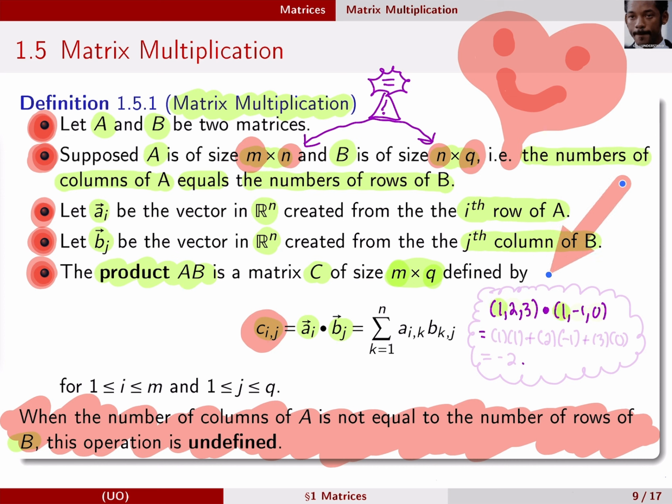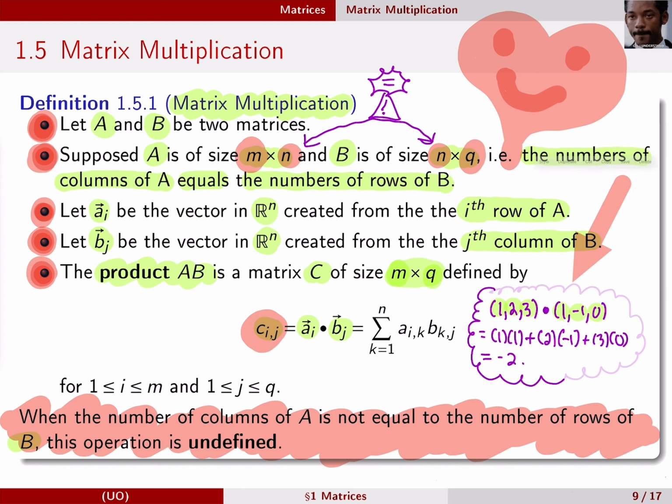So it's 1 times 1. Then you go plus and you multiply the second entry, so 2 times minus 1. And then you add the product of the third entry, so plus 3 times 0. And you get 1 minus 2 plus 0. So in this case, you get minus 1.